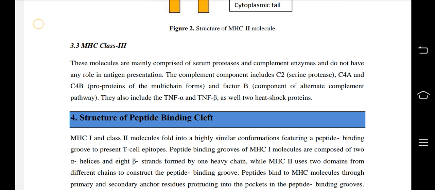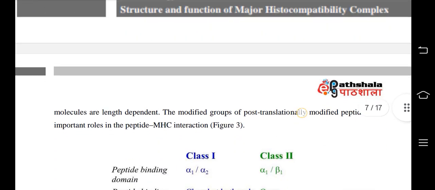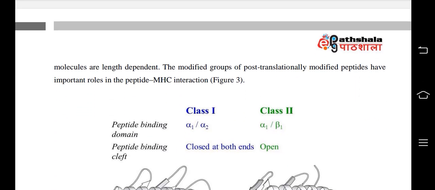Peptides bind to MHC molecules through primary and secondary anchor residues protruding into the pockets of the peptide binding grooves. Peptide preferences are dependent on the amino acid polymorphisms comprising the anchor pockets, which are related to the various alleles of MHC. The conformations of peptides presented by MHC1 molecules are length dependent. The modified groups of post-translationally modified peptides have important roles in the peptide-MHC interaction.